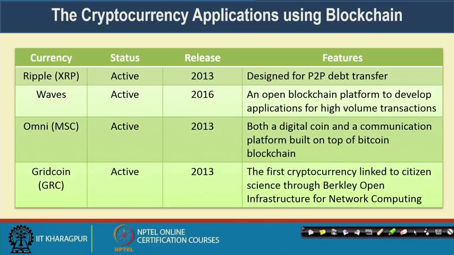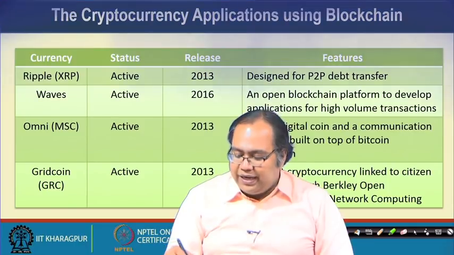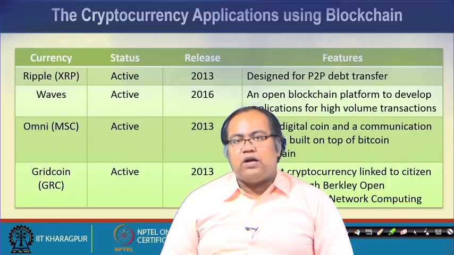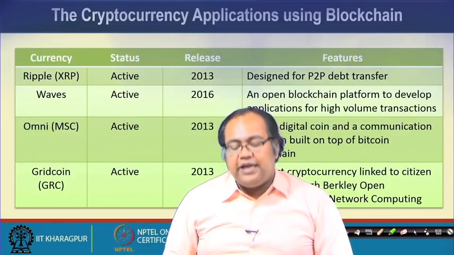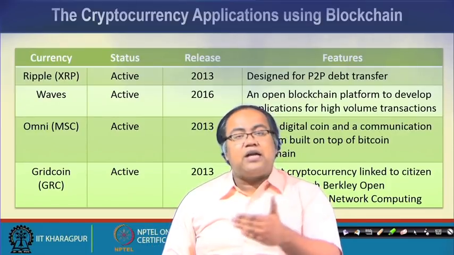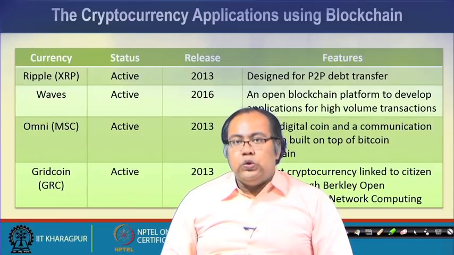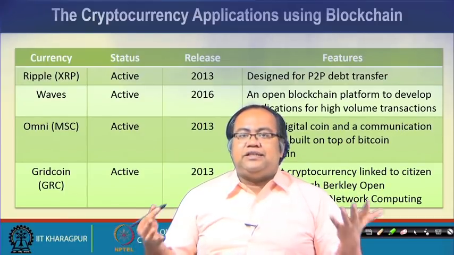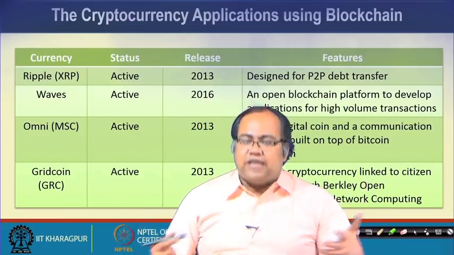Citizen science is an interesting application, similar to the crowdfunding application that I mentioned while talking about smart contracts, where a group of people comes together and collectively completes some task. In the Berkeley Open Infrastructure for Network Computing, they termed this kind of environment citizen science. Gridcoin was utilized to support the citizen science platform over a decentralized architecture.